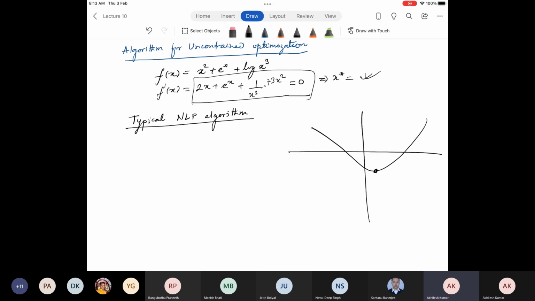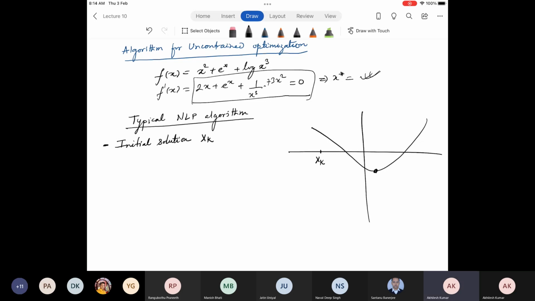We'll start with an initial solution, typically, when you cannot find a solution because of discontinuity, non-differentiability, and all those problems with the function. So you prefer to solve it using typical nonlinear programming algorithms. You start with an initial solution, suppose xk.